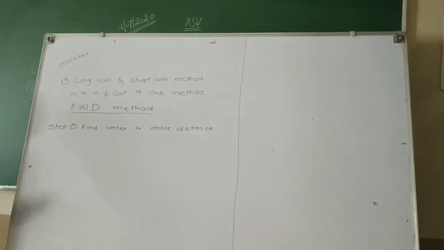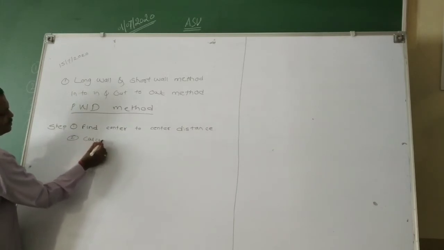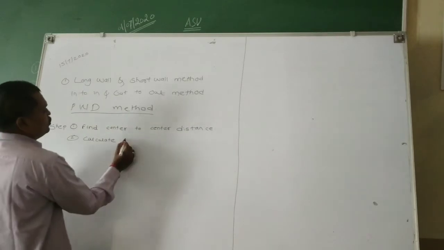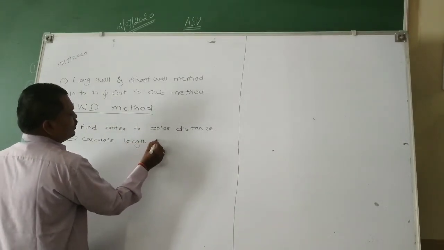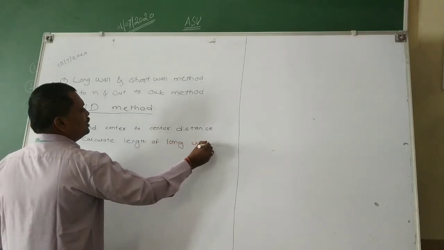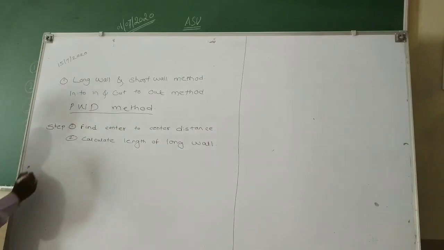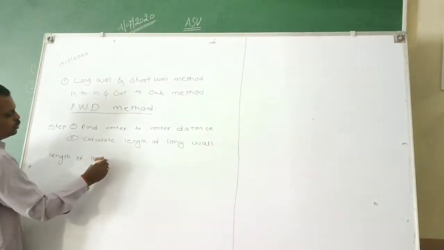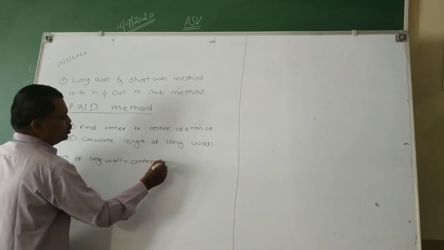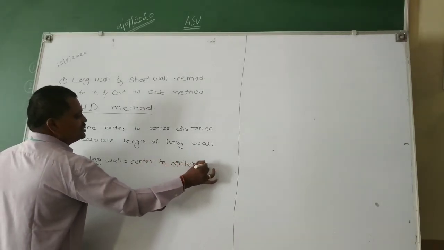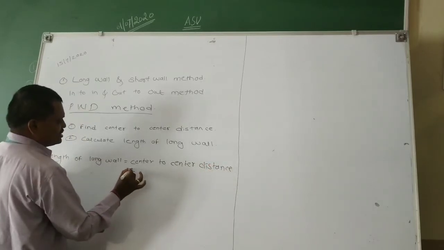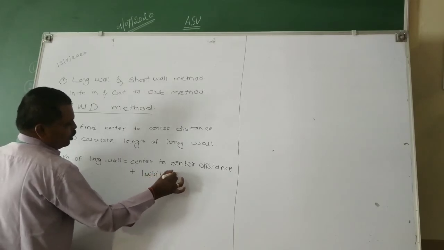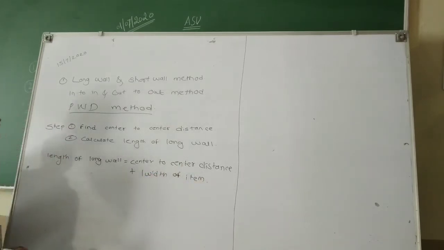Secondly, calculate the length of long wall, and it is calculated by using the formula: length of long wall is equal to center to center distance plus one width of item.